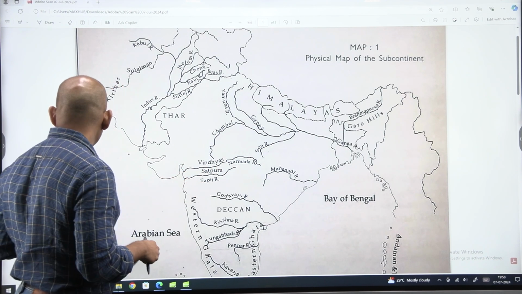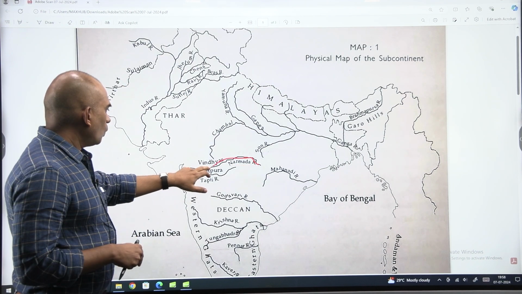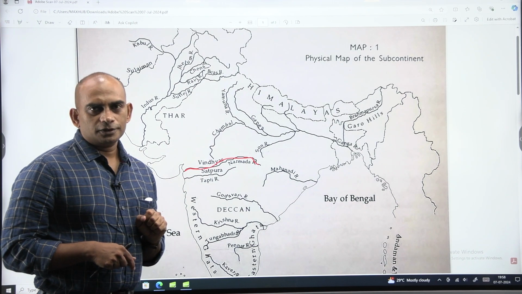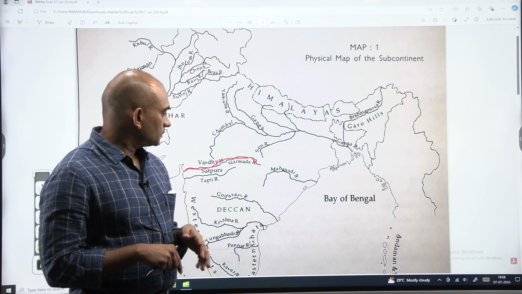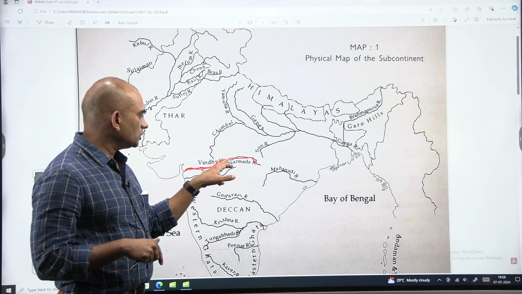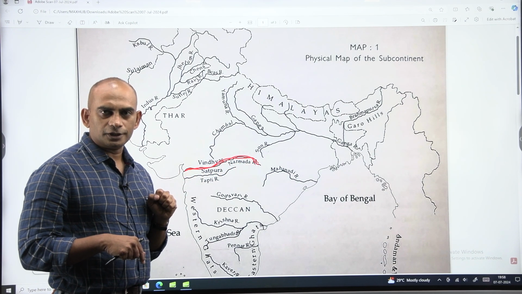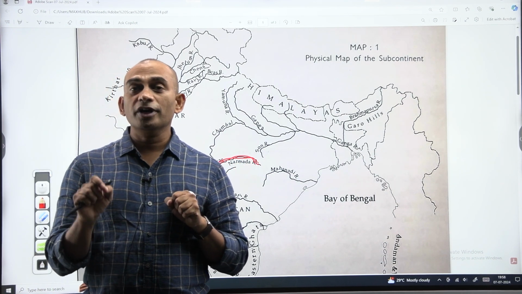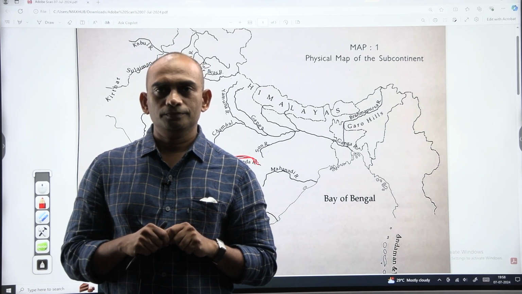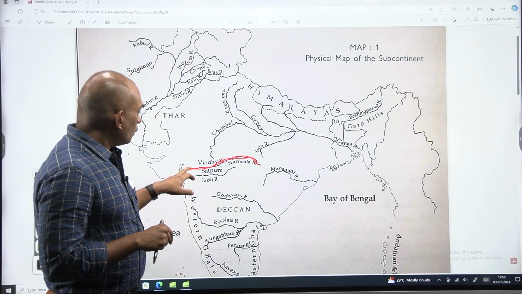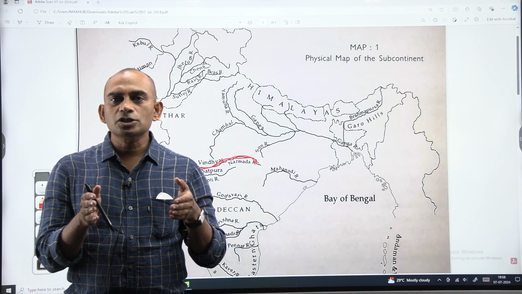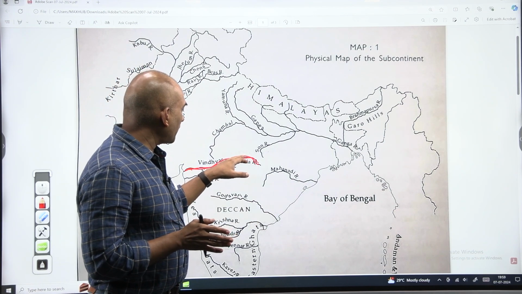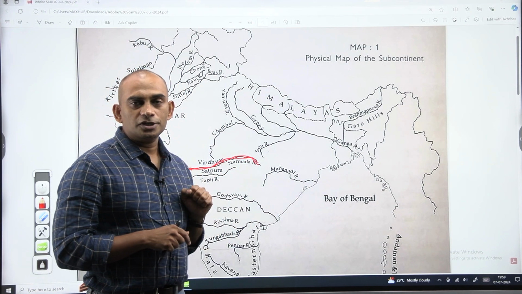If you look at another small topic in this chapter, I am going to pinpoint the Narmada river. What is the significance of the Narmada river? People lived on the banks of this river several hundred thousand years ago. They had vast knowledge about the plants present in this location.